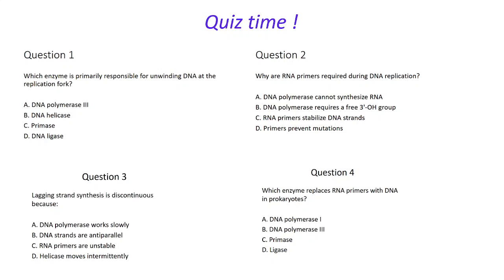So DNA polymerase can only add new nucleotides to an existing strand of a DNA or RNA. It requires a free 3' OH group to initiate its synthesis, and the primase is required for the production of the short RNA primers, providing this necessary free 3' OH group, allowing the DNA polymerase to start working.